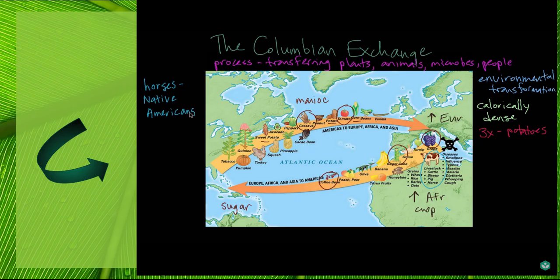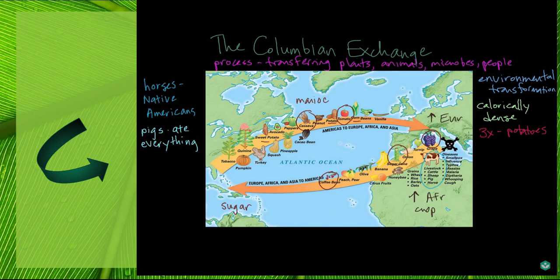So that was a great step up for them. The pigs they brought over, however, weren't so great because Europeans allowed the pigs to roam freely, which meant that they ate everything, including the Native Americans' crops, and they multiplied very quickly. So they became kind of a pest in the New World.